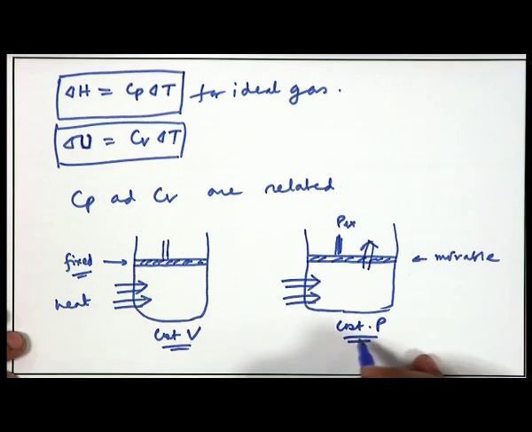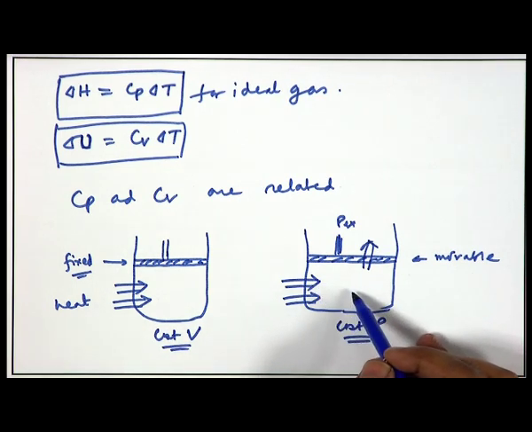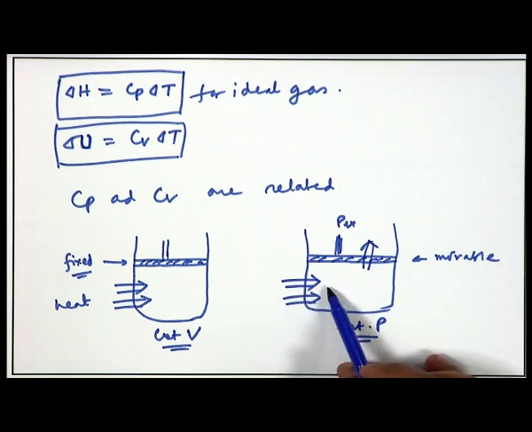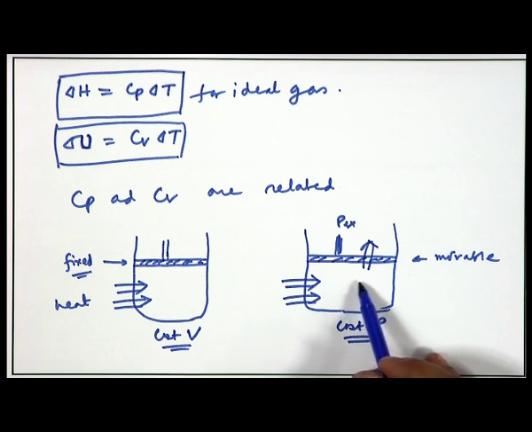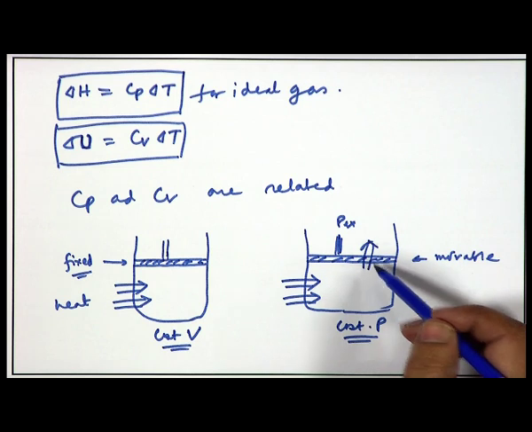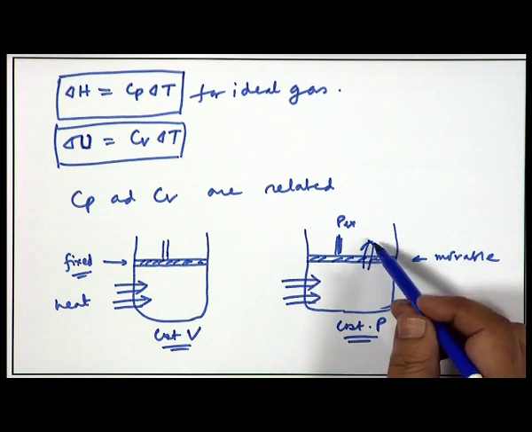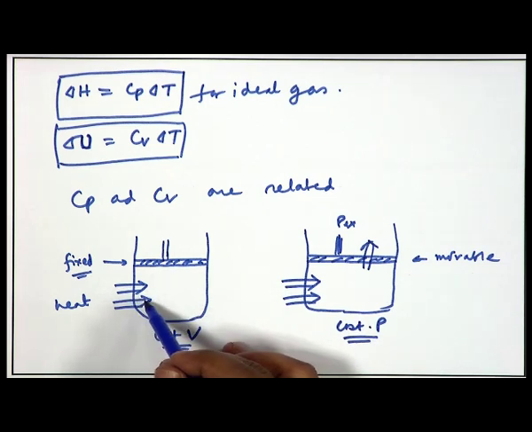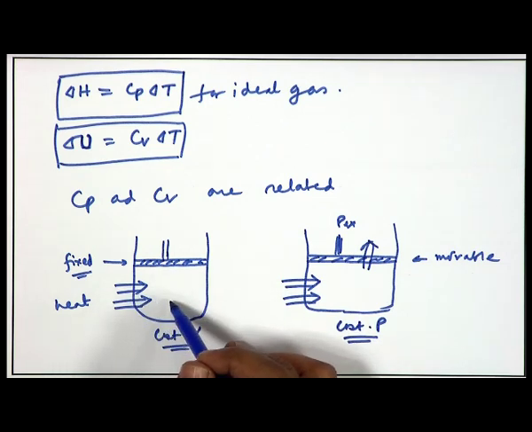Now you can compare that in the constant pressure process, whatever energy you have supplied as heat is utilized to increase the internal energy or the temperature of the system, plus some of it is lost as work done on the surroundings. But here, whatever you are adding as heat is all utilized to increase the temperature.